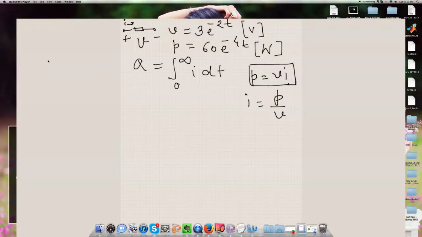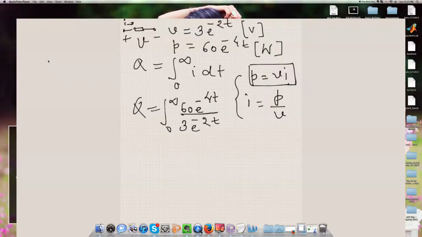We have the power expression, and we have the voltage expression as well. So based on this info, we have Q equals, let's go ahead, put the units. So I is power over voltage: 60 e to the power minus 4t divided by 3e to the minus 2t.